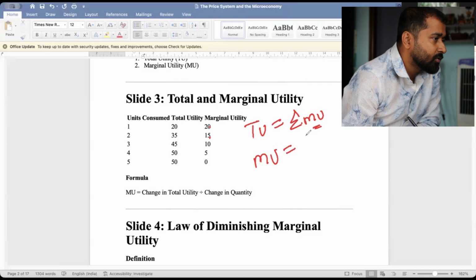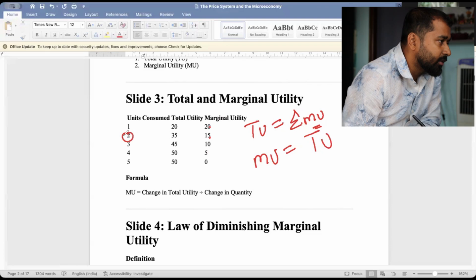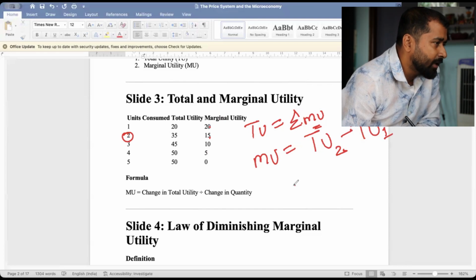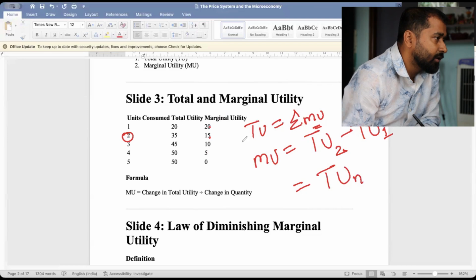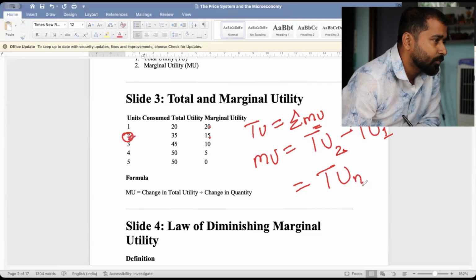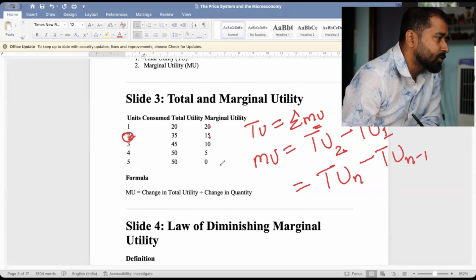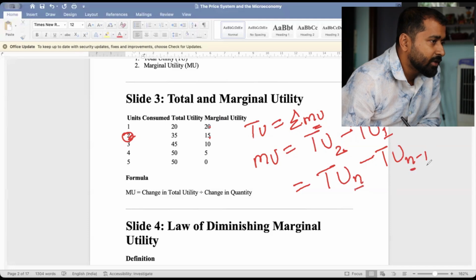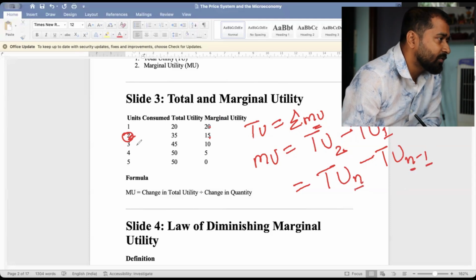And marginal utility equals TU of the second commodity minus TU of the first commodity. So can I make a formula like that? If the number is n, then MU equals TUn minus TUn-1, always the one previous. So for n equal to 2, it is 2 minus 1.